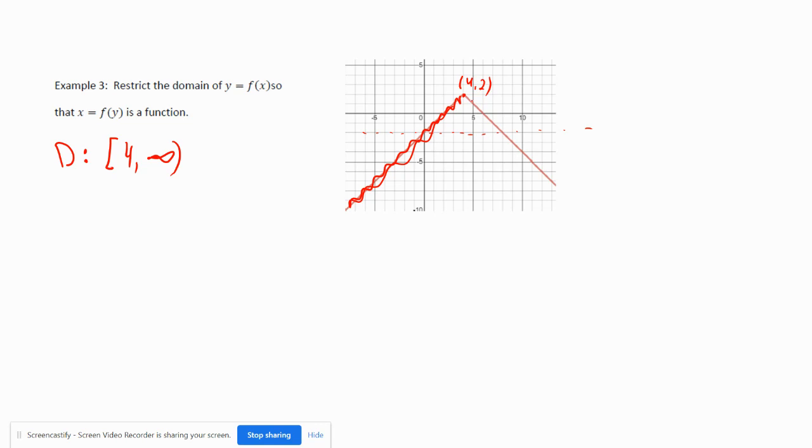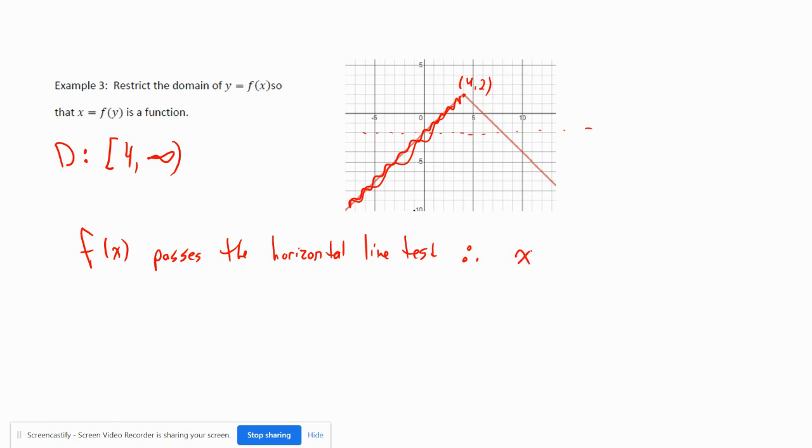Now what happens is that this graph is now passing the horizontal line test, therefore my inverse will pass the vertical line test. So f of x passes the horizontal line test, and that's after we've restricted the domain from 4 to infinity.